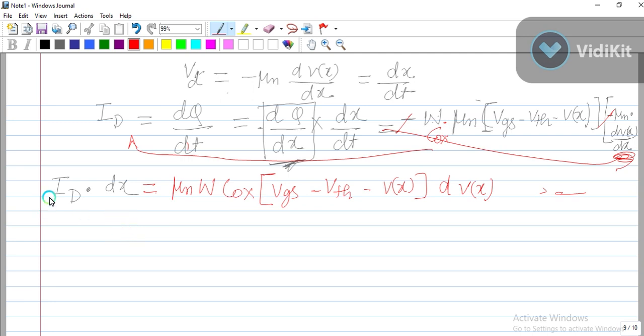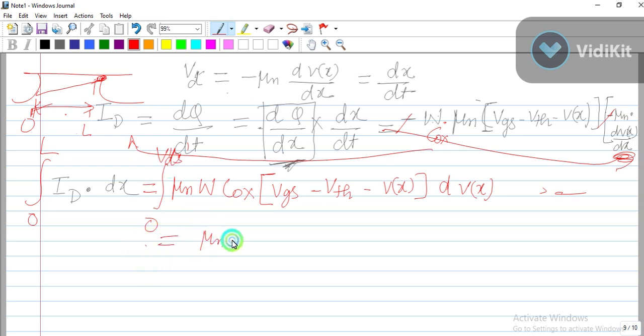For that we have to integrate it, and here we have to integrate from 0 to L, since in the MOSFET we are looking from here to here, and that was 0 and this was L. So that's why 0 to L, and here we will look from 0 to VDS, because here the voltage is 0 and there it is the maximum VDS. Now let's start doing the integration.